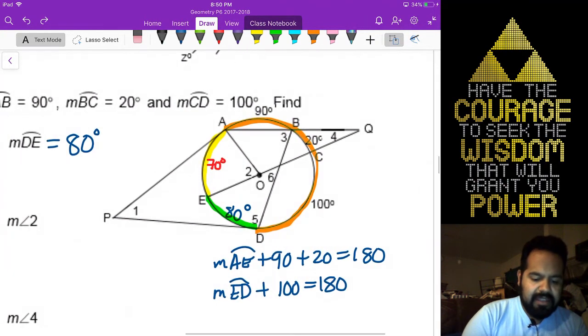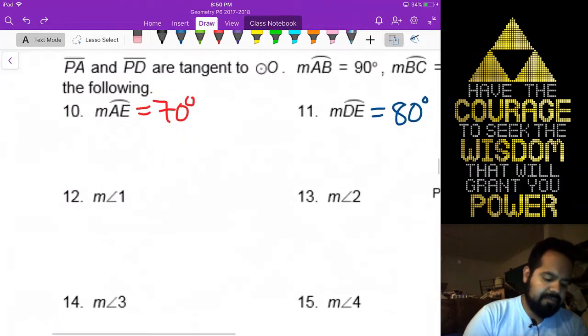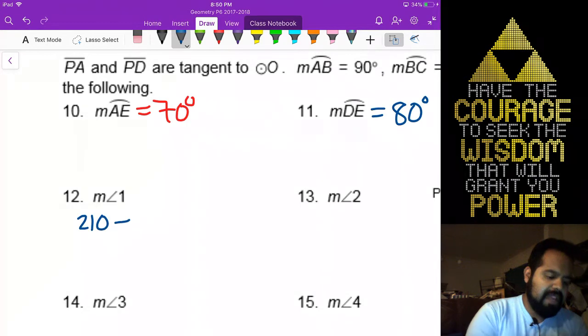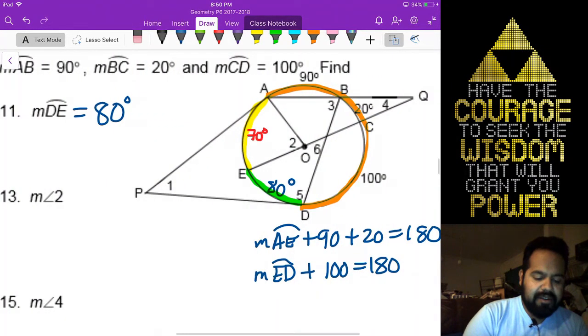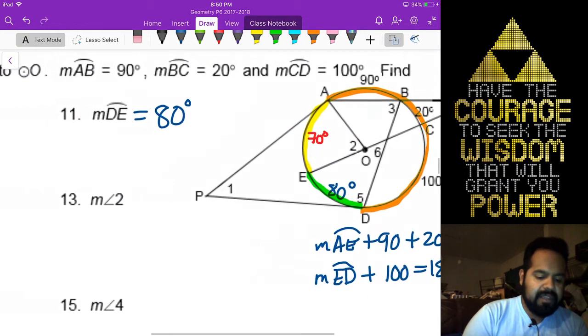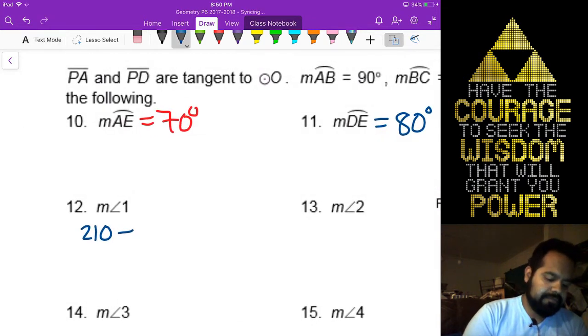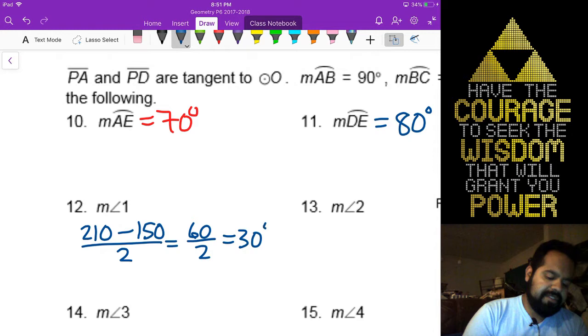That's going to be 100 plus 90, that's 190, plus 20, that's 210. So that'll be 210 minus the inside arc of 70 plus 80, which is 150, divided by 2. So then let's see here. 60 over 2, which is going to give us 30 degrees.